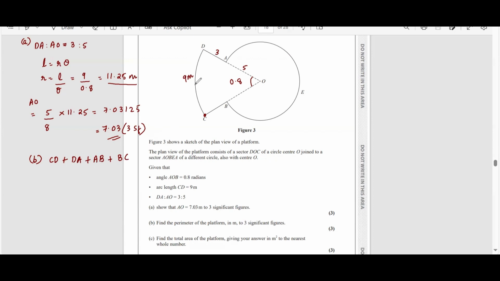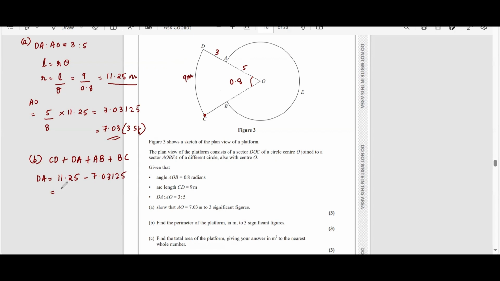So CD, we know it's 9 meters. We need to find out what DA is. To find DA, from the radius, that is OD, we already got it as 11.25. You subtract AO. AO, we got it as 7.03125.